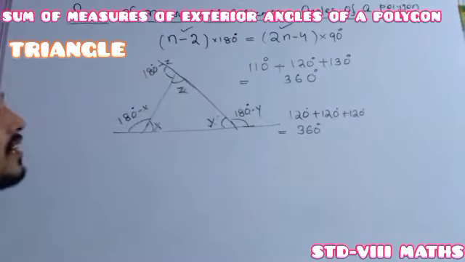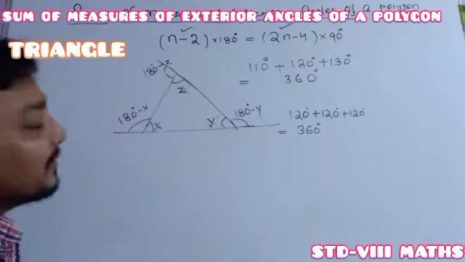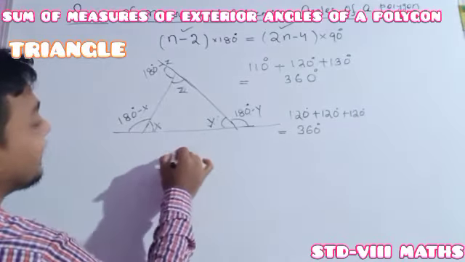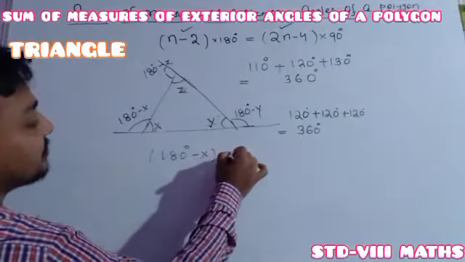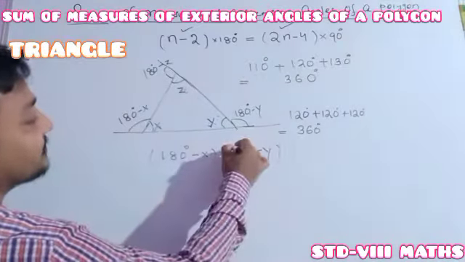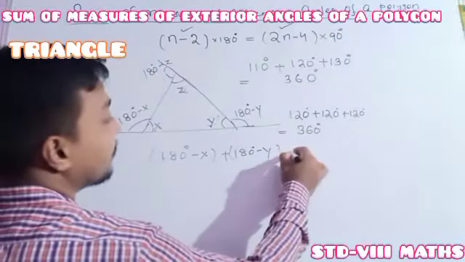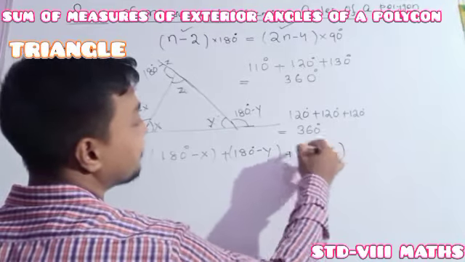Here I want to check the sum of the exterior angles of this triangle. It is (180 degrees minus x) plus (180 degrees minus y) plus (180 degrees minus z).